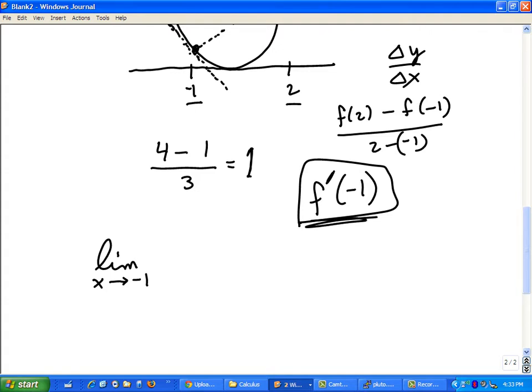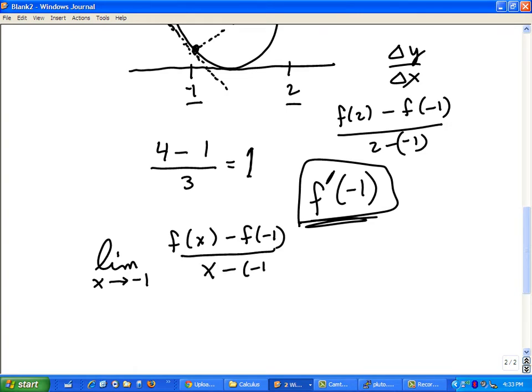I meant -1 here) is the limit as x approaches -1 of f of x minus f of -1 divided by x minus -1.